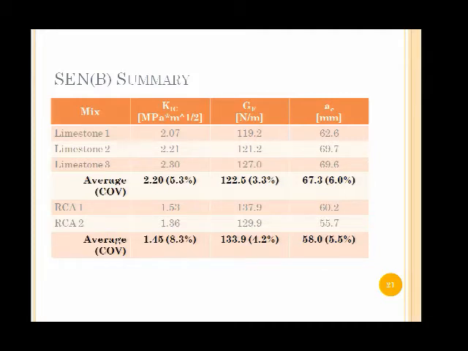And then this value right here is the critical crack extension. The beam has a nominal or an initial notch of 50 millimeters. So that's saying that for the recycled concrete aggregate, roughly there's an 8 millimeter crack extension at the peak load, and for the limestone there's a 17 millimeter crack extension.